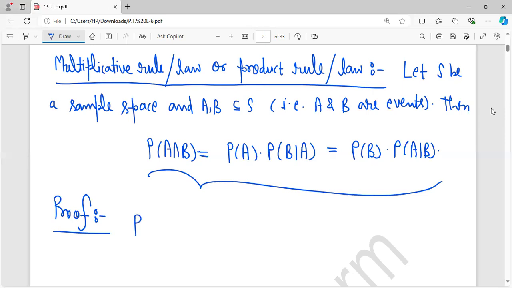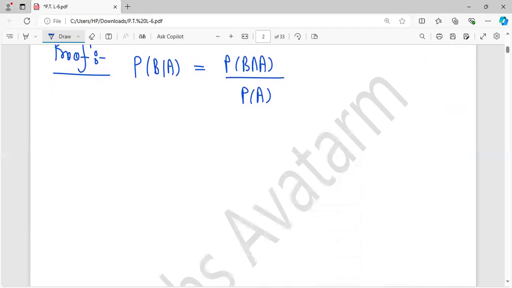So we know that P of B relative to A is nothing but P of B intersection A upon P of A. So now we can solve it: P of A into P of B relative to A. I can write B intersection A is equal to A intersection B. Either you take B intersection A or A intersection B, both are equal.